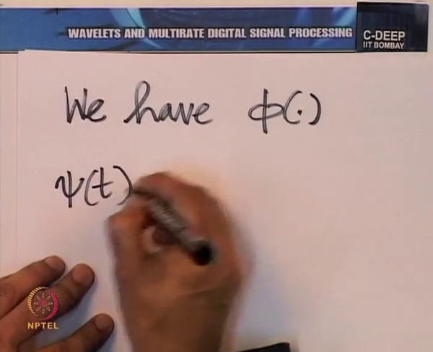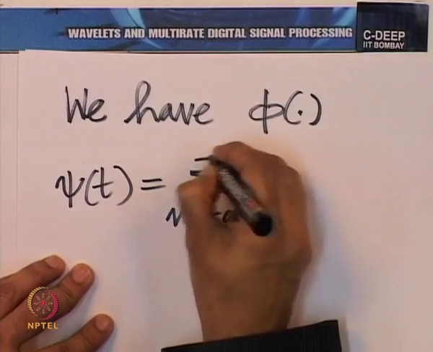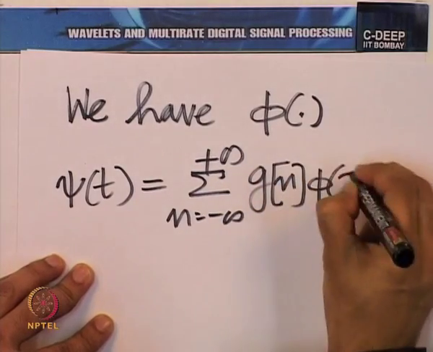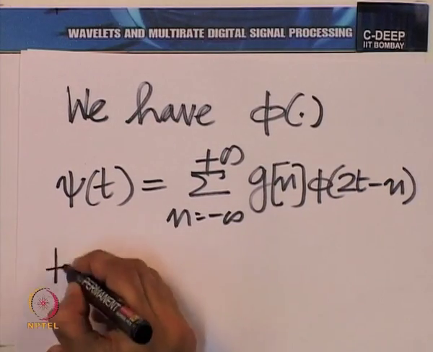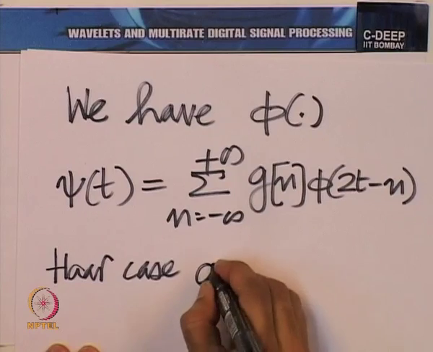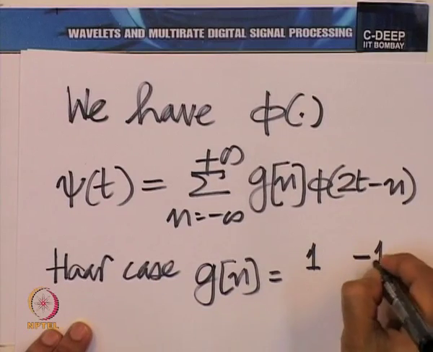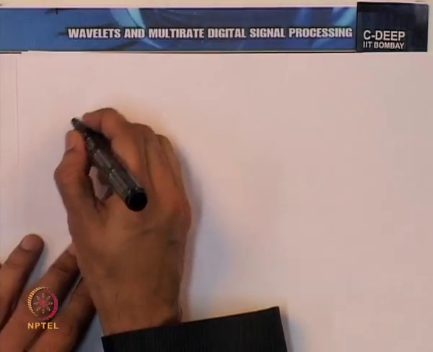Psi t is essentially the summation n going from minus to plus infinity g n phi of 2 t minus n. And for the Haar case, we know what g n is. G n is essentially 1 and minus 1. So, we can write down psi t in terms of phi t and construct from there.